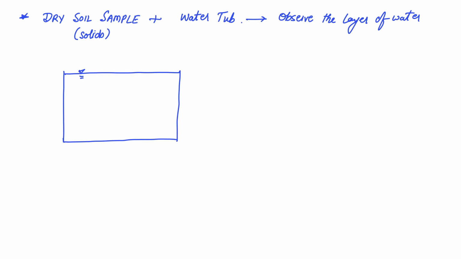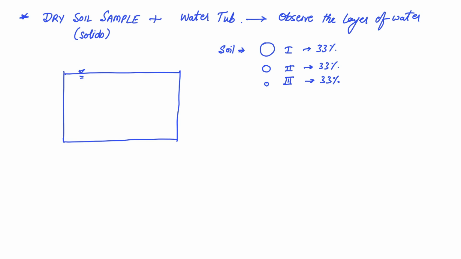I am assuming here that this soil has a total of 3 types of solids. The first one is the biggest one, the second one is this, and the third one is this. So this is the biggest particle, this is the second biggest particle, and this is the third biggest, or the smallest, particle. All 3 particles are present in equal proportion, so each is present at 33 percent.